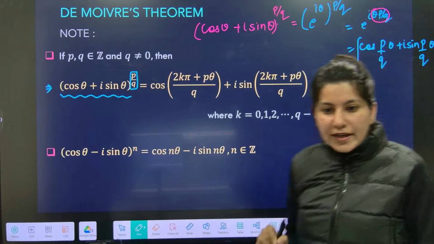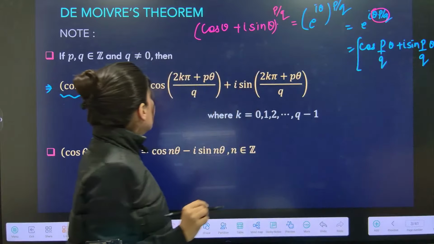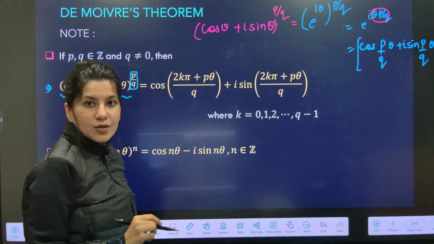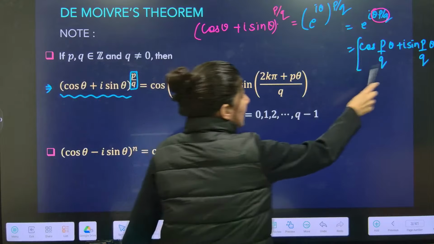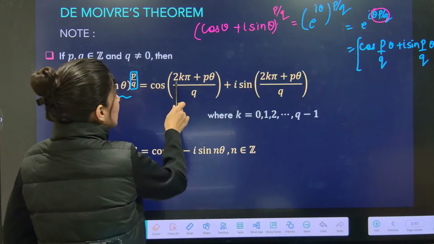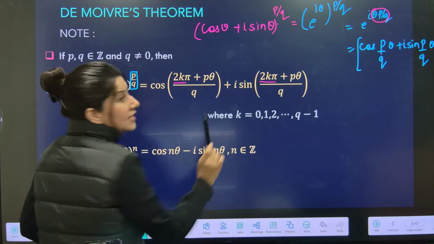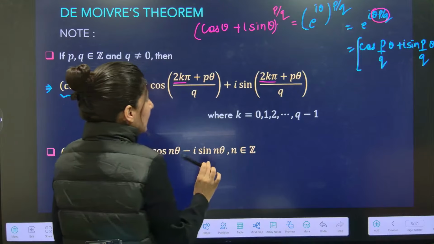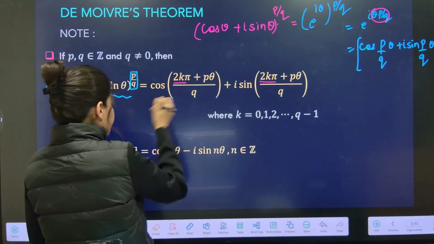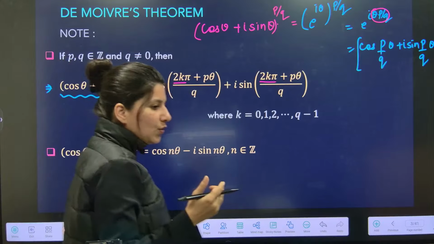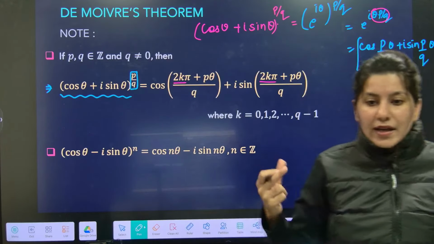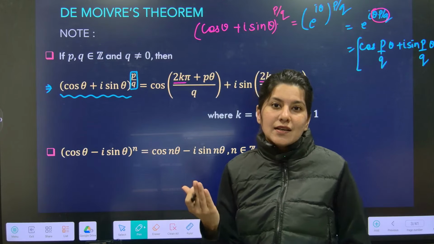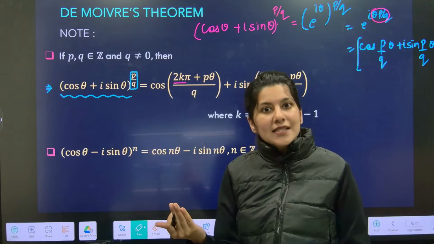Now all you have to do is add 2k pi to this. This is one of the answers actually. If you put k equal to 0 over here, what you are going to get is cos(p theta/q) + i sin(p theta/q). But you have to remember this: what is this 2k pi entity? 2k pi means, see, 30 degrees plus 360 degrees.